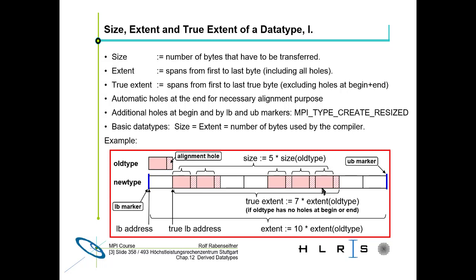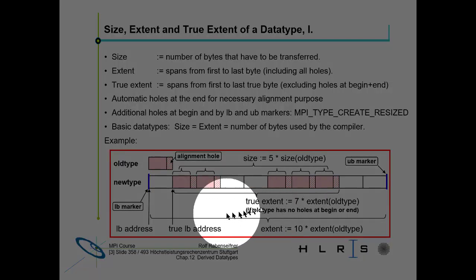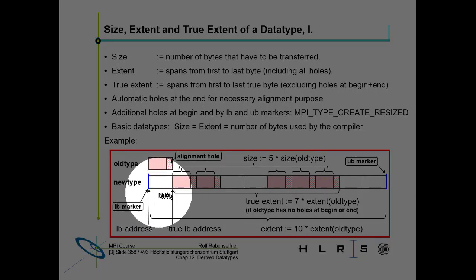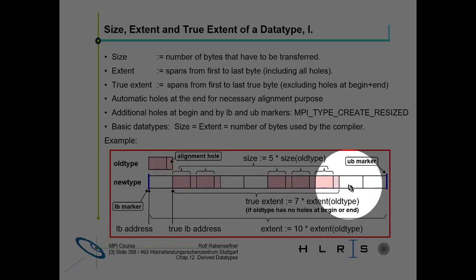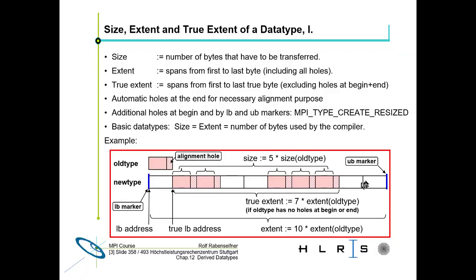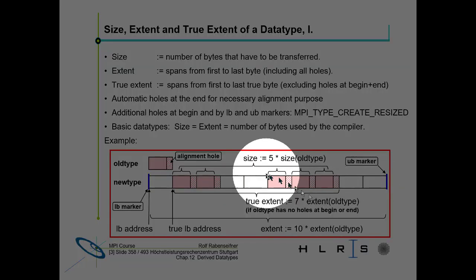And for the new type, we get an LB marker and a hole at the beginning. We also have the UB marker and 2 holes at the end. So the true extent is in fact 7 times the extent of the old type. The size is actually 5 times the old size, because we have 5 actual values.